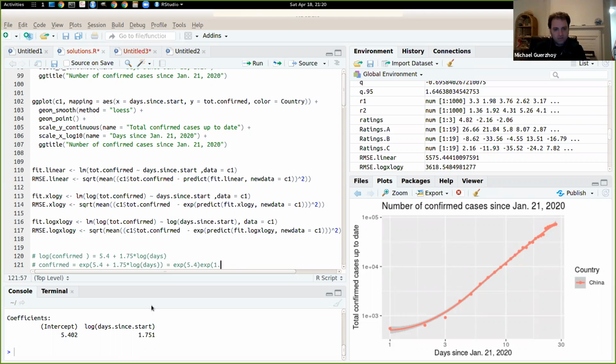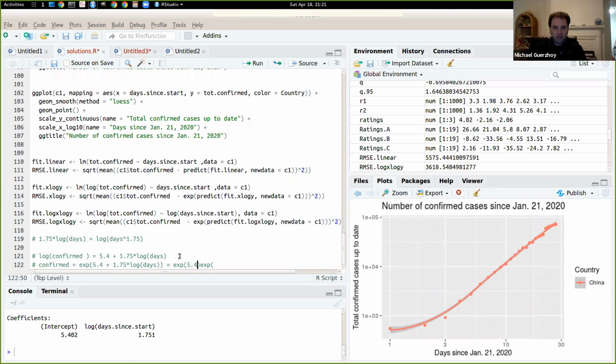So 1.75 times log of days is equal to log of days to the power of 1.75. Exp of that is just days to the power of 1.75. So it's going to be exp of 5.4 times days to the power of 1.75. Okay, so that is the best equation.